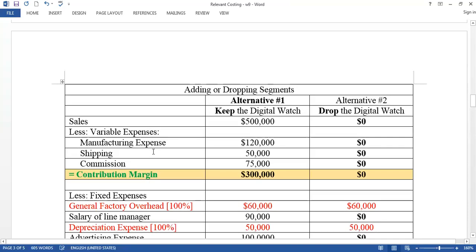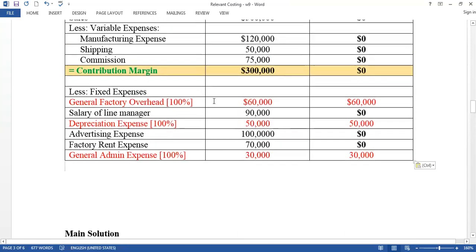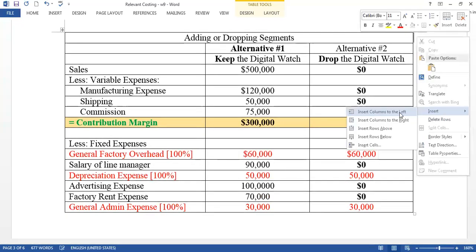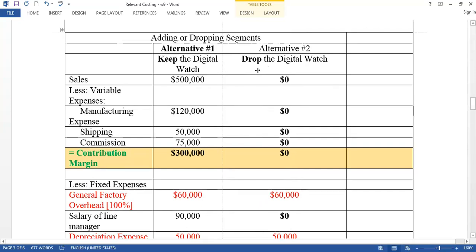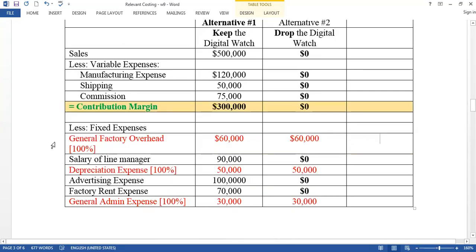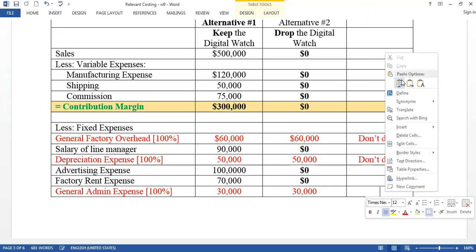So now we find that this item said that they don't differ, right?